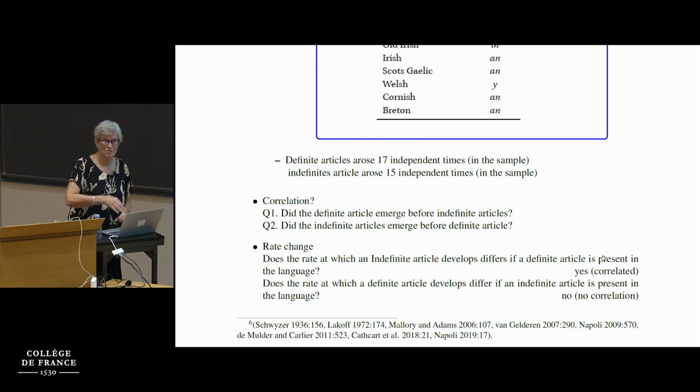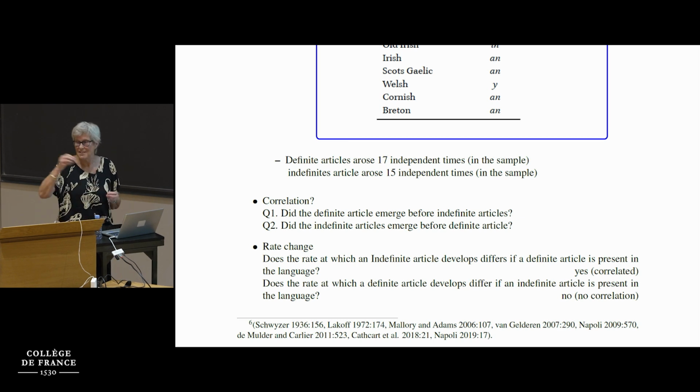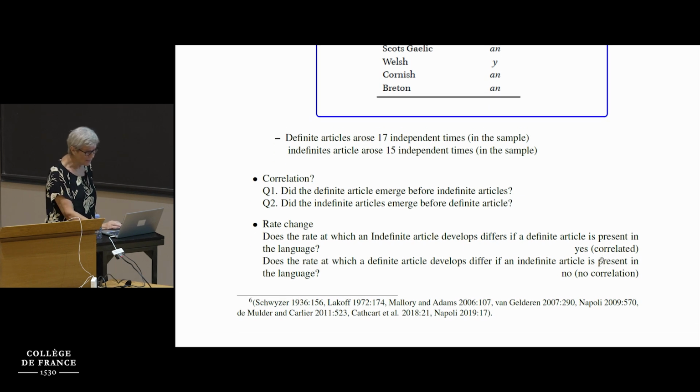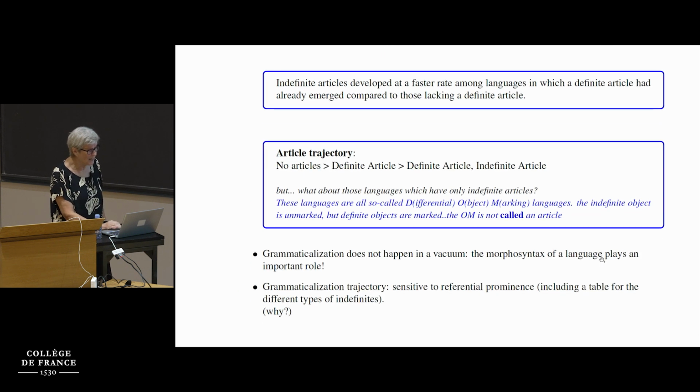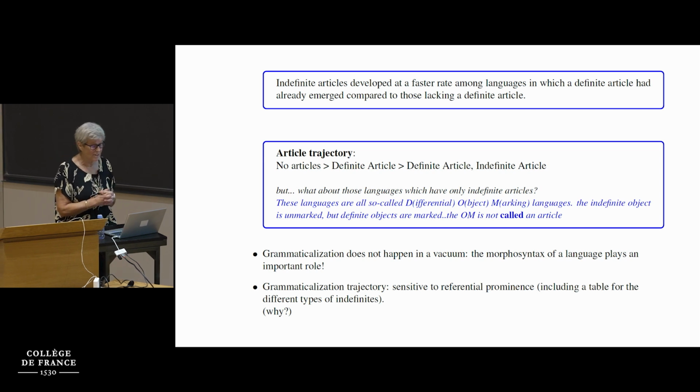Having a definite article in the language gives you an indefinite article faster than the other way around. Okay, so that's a new kind of finding. Indefinite articles developed at a faster rate among languages in which a definite article had already emerged. And it tells you something about the article trajectory.